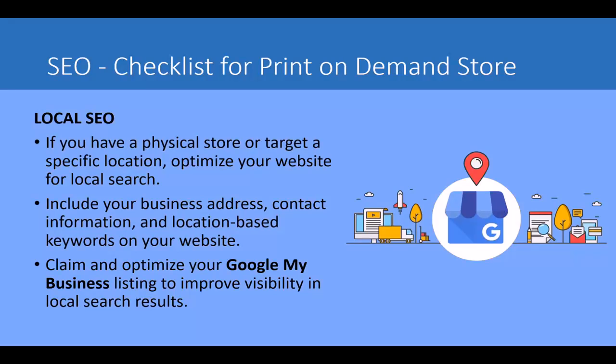So if you have a physical store or target a specific location, optimize your website for local search. Include your business address, your contact information, and location-based keywords on your website. Claim and optimize your Google My Business listings to improve visibility in local search results.